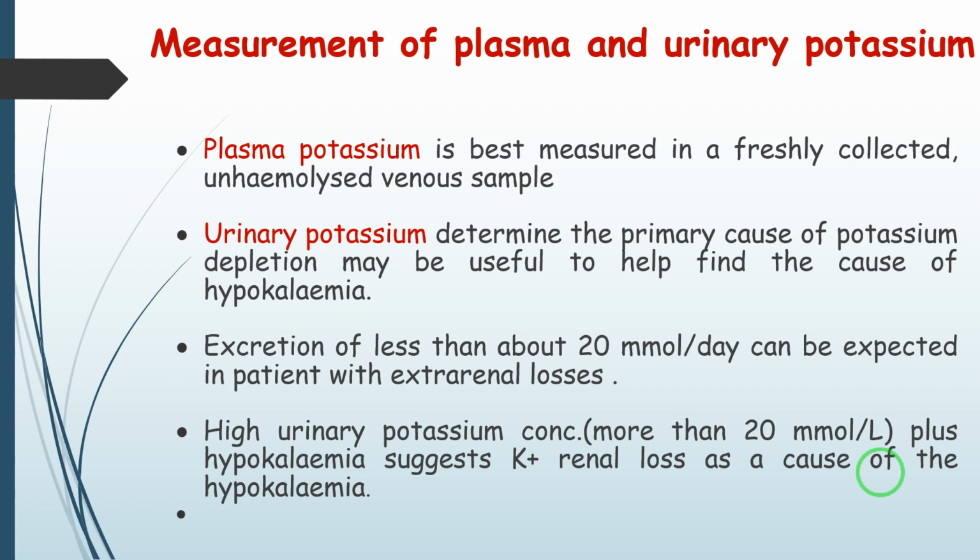So urine potassium may be very efficient in determining the cause of hypokalemia in the blood sample. If it is more than 20 millimole, it indicates a renal cause, and if it is less, then it indicates it is a non-renal cause. It may be GIT, maybe decreased intake, or other causes, or sometimes intracellular shift.